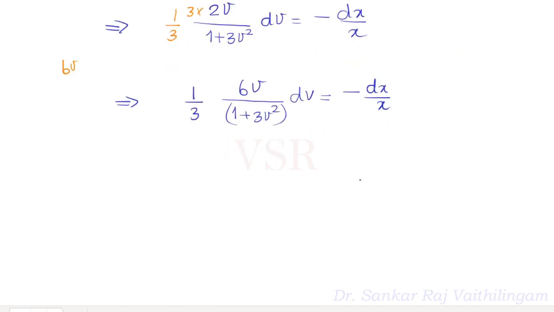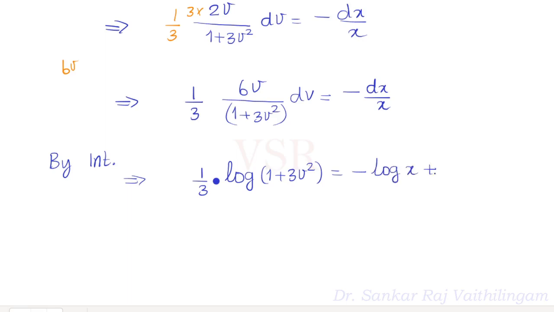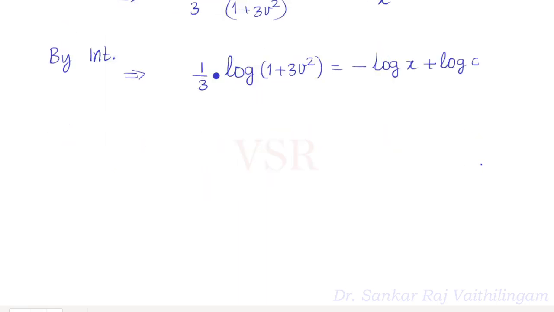அப்போ by integrating, this implies that 1 by 3 times log of (1 plus 3v square) is equal to minus log x plus, I call this as log c. அப்போ என்ன கிடைக்கும் அப்படின்னா, so this implies that log of, இந்த பவர் வந்து மேலே போயிருமா.